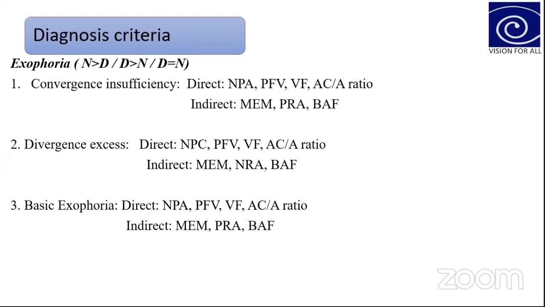In most cases it will not get affected, but in some cases, yes, even in extreme cases, the convergence can get affected. So in the basic exophoria, the tonic vergence, NPC and the AC/A ratio will not be affected, and otherwise everything will be similar to convergence insufficiency.